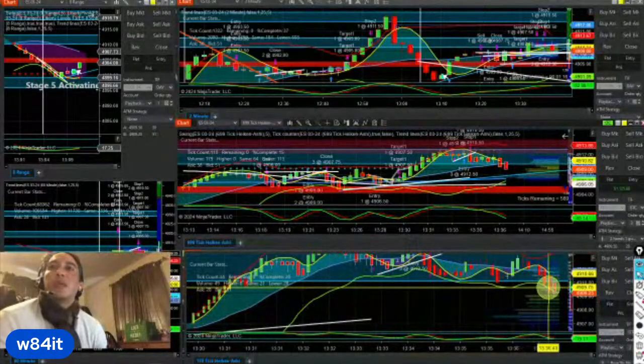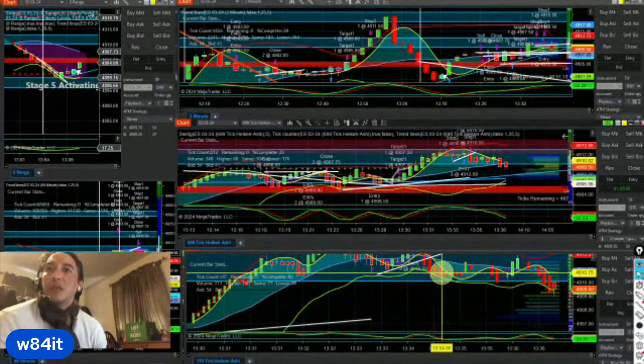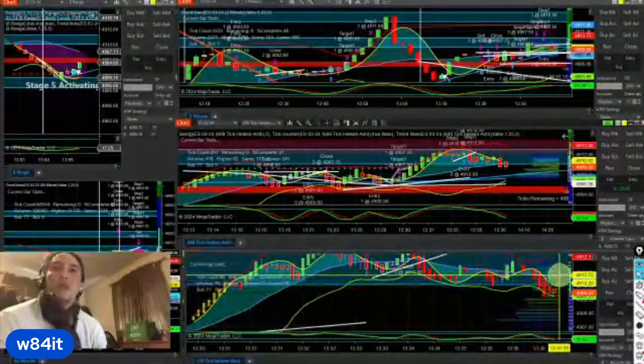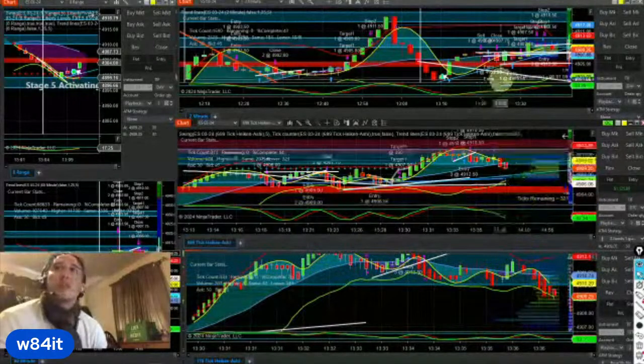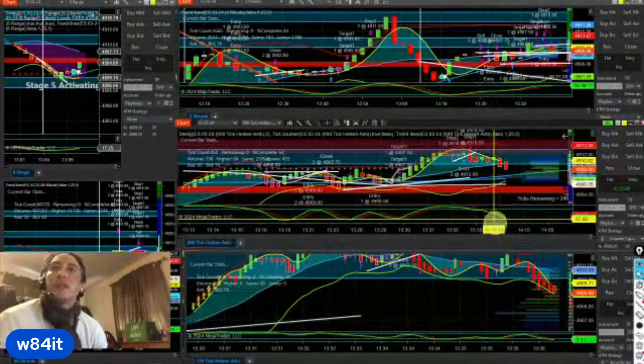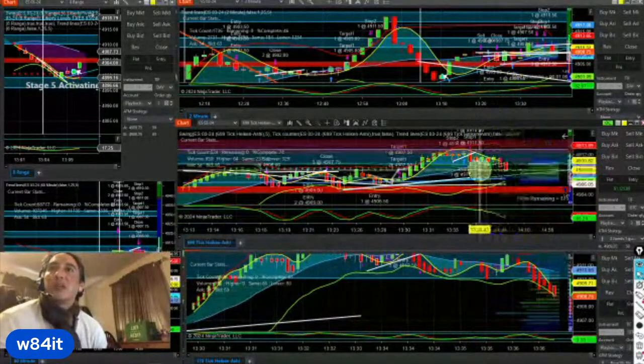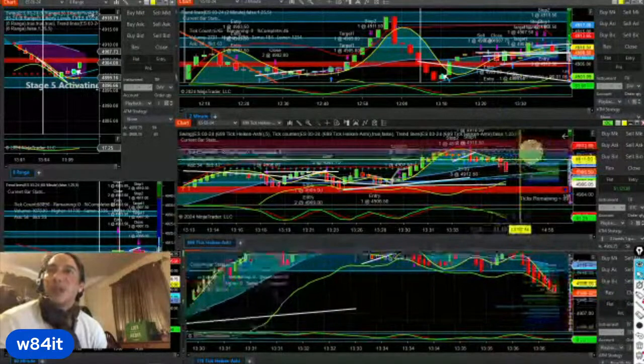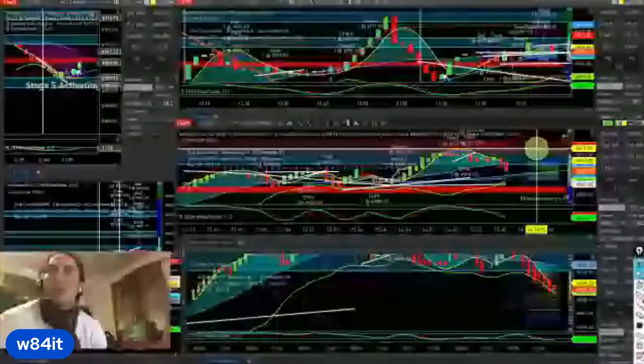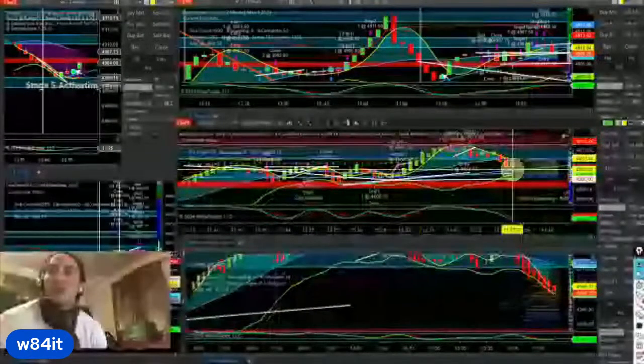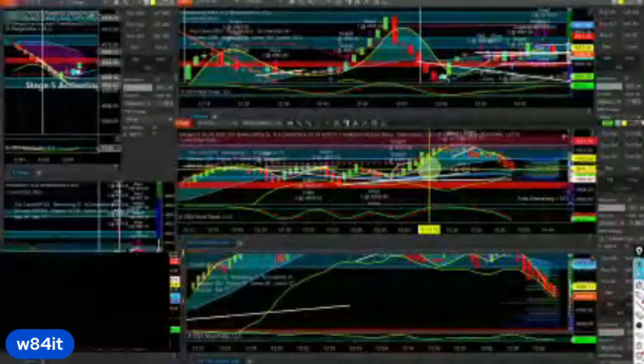So 1, 2, 1, 2, 3, 4. Now I should have another bounce right here. So this is a little deeper pullback right here. And we should be looking at another push up, or it could be setting the spring for a much bigger bounce right here. Let's see what Kevin's got to say.